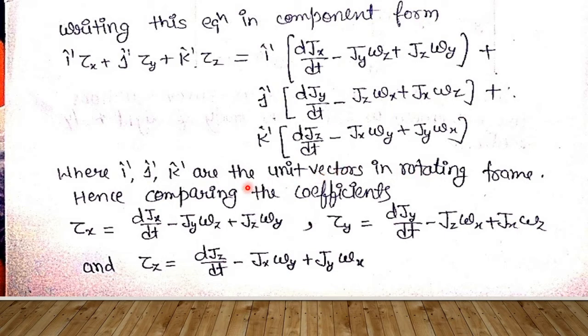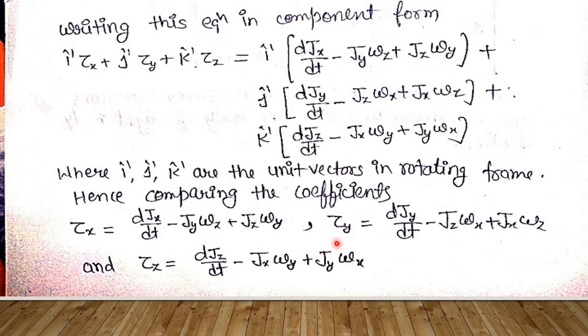So, comparing the coefficients of i cap dash, j cap dash, and k cap dash on both sides, and on comparing, we get tau x equals dJx upon dt minus Jy omega z plus Jz omega y.